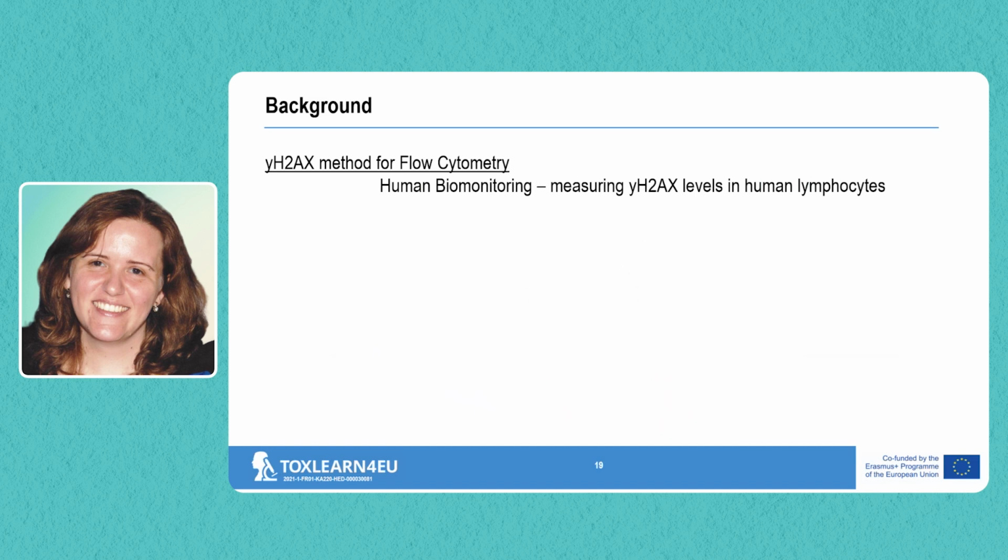So in terms of the method, just for presentation purposes, I will talk about the method that we use in human lymphocytes. Okay. So you have different commercial kits available. If you wish to do this in a simpler way, you just buy the commercial kit and you follow the manufacturer instructions.